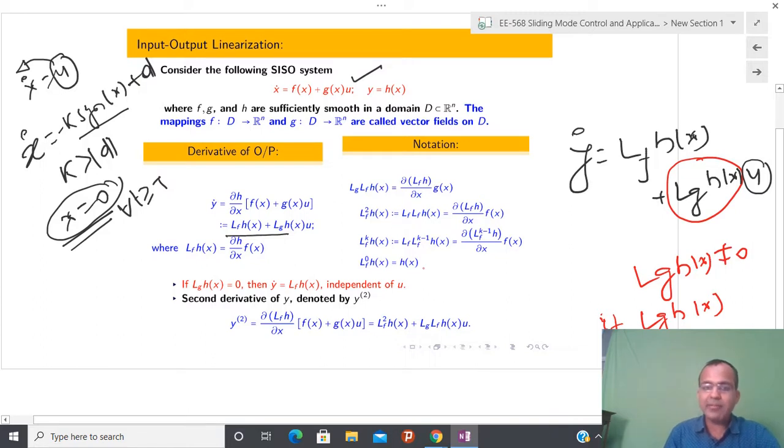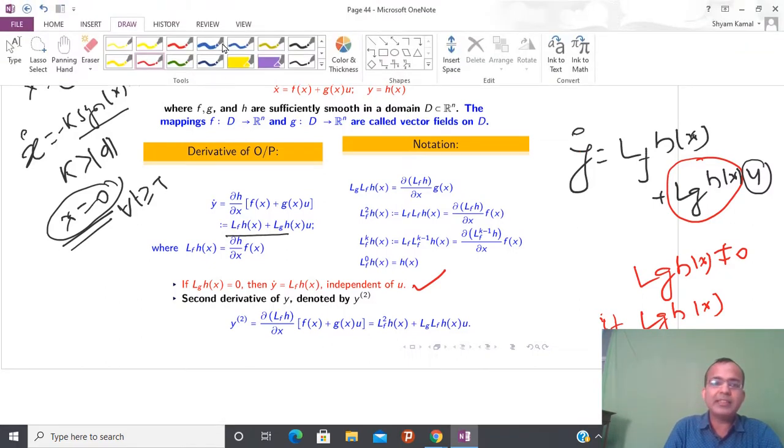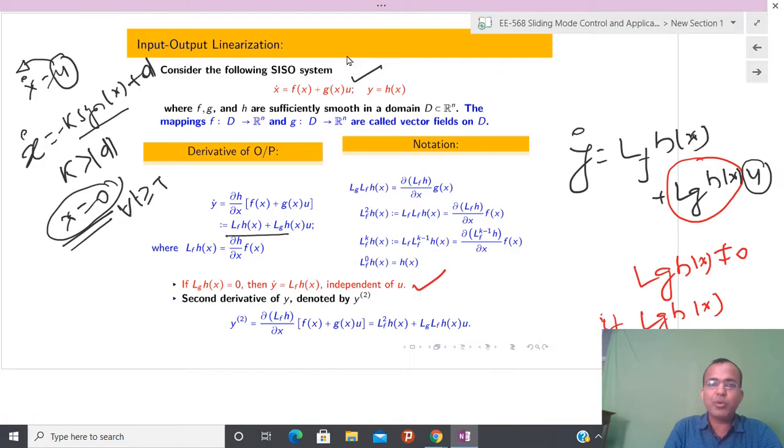Same kind of thing I have written, and if you solve some control problem, this phenomenon is very obvious. You can take your output y, and it is possible to show that after the first derivative control will not appear. I will give you a very small example, then I think things become a little more transparent.